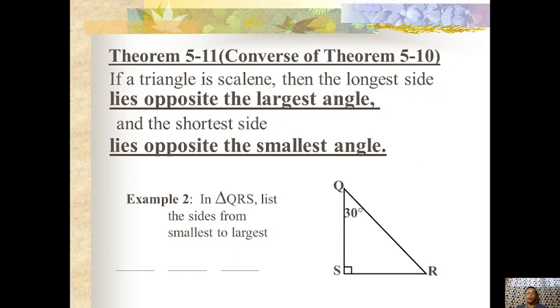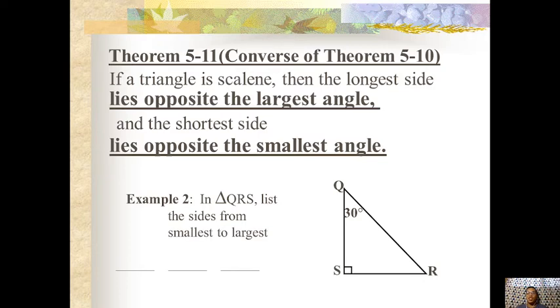So as we can see, it is a right triangle, and therefore angle S is 90 degrees. To add it up, 90 degrees and 30 degrees, we can now conclude that angle R is 60 degrees. So the question is to list the sides from smallest to largest.